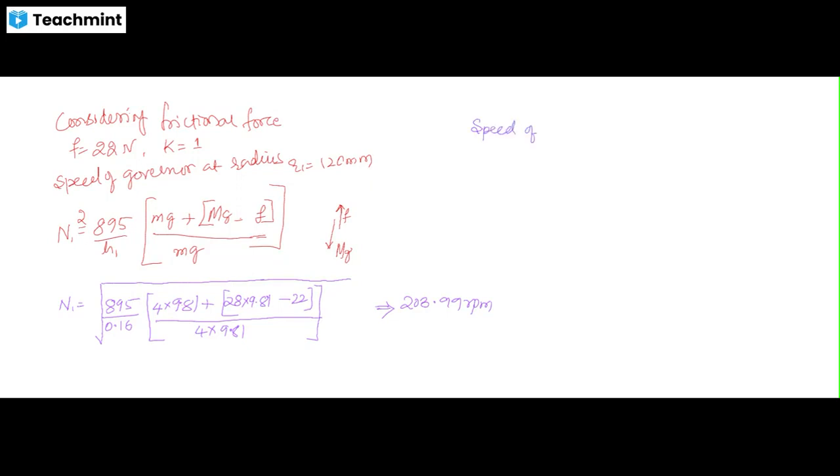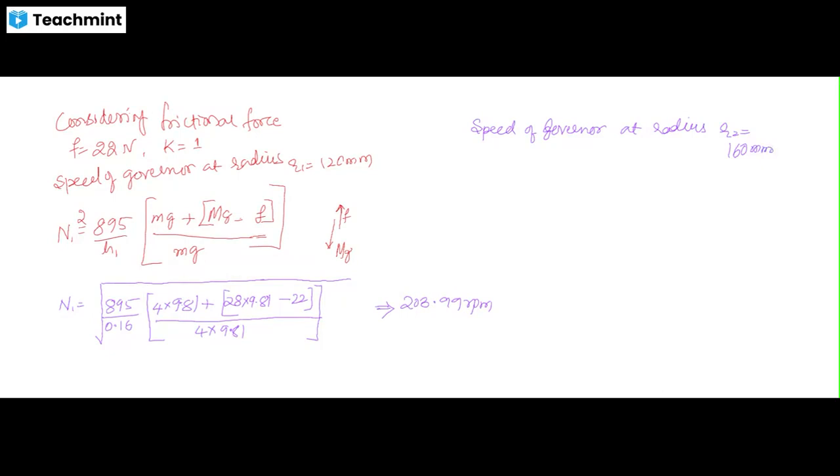Similarly, speed of a governor at radius R2 equal to 160 mm.